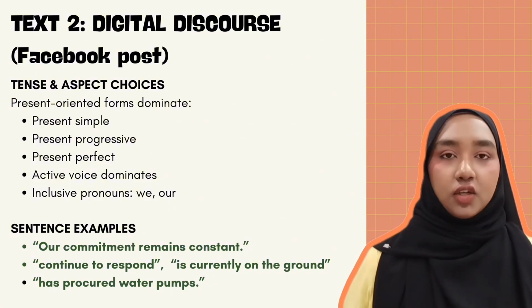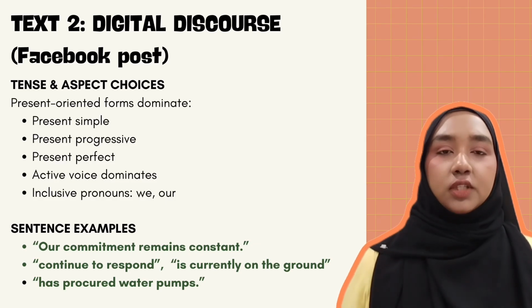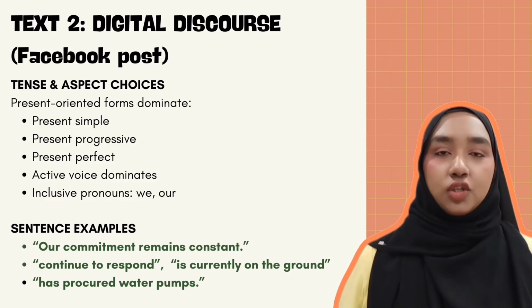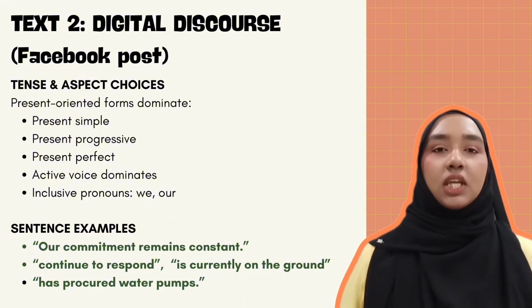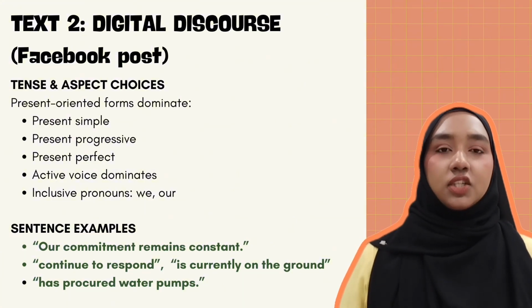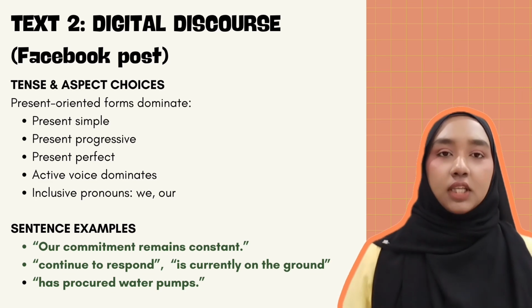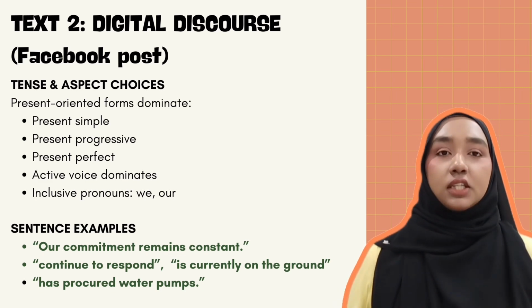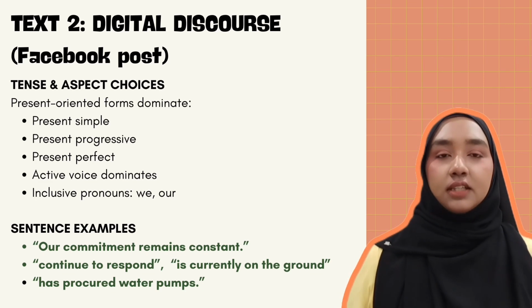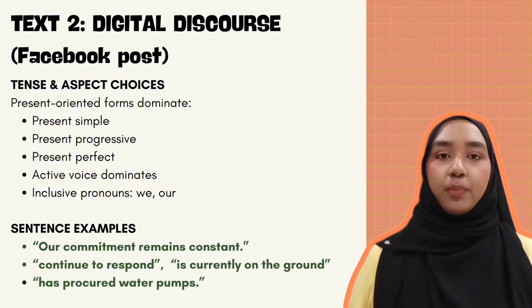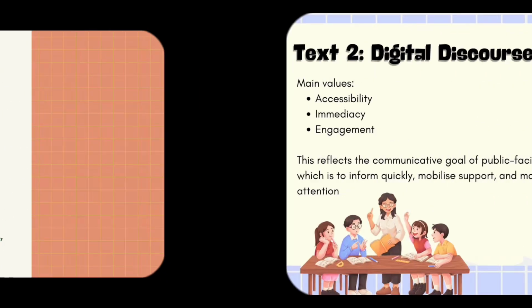The active voice dominates alongside inclusive pronouns such as we and our, which are used to build connection. The sentence structure is relatively concise and clear, supporting accessibility. The tone is supportive rather than technical, and there is no heavy hedging, which suits public communication.